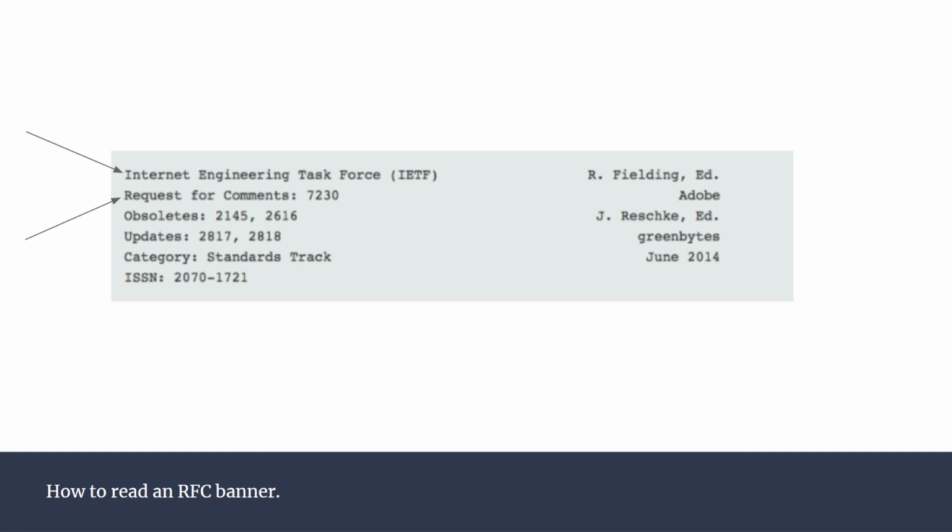So, this one means that this is the 7230th, but there may be something else written here, and that is internet draft. If there is written internet draft followed by a serial number, it is not a request for comment, it is a proposal that anyone on the internet could have written.